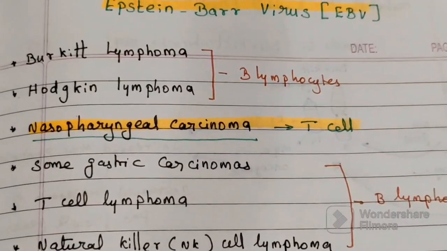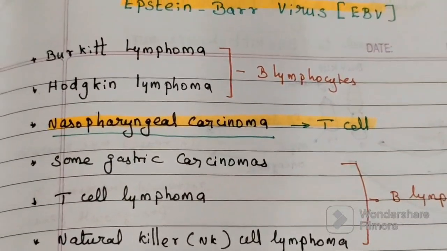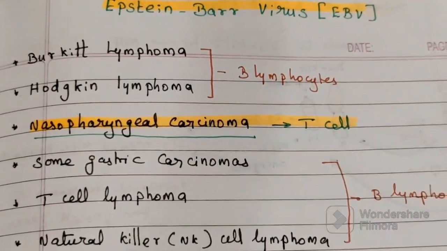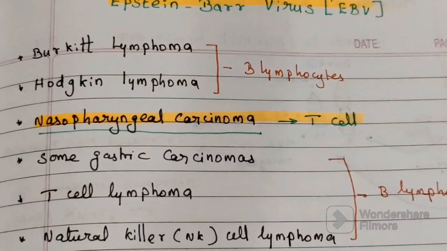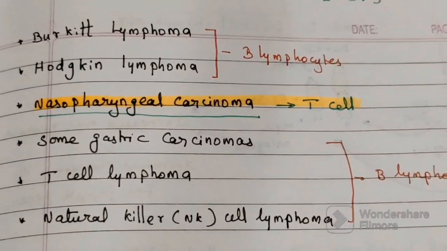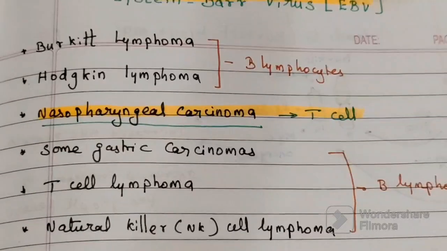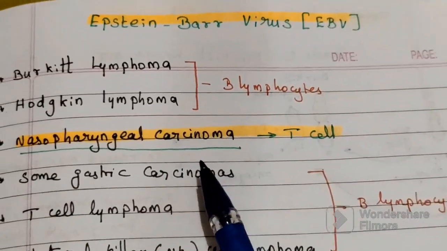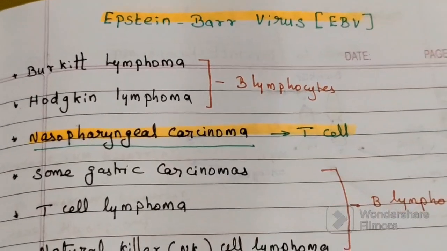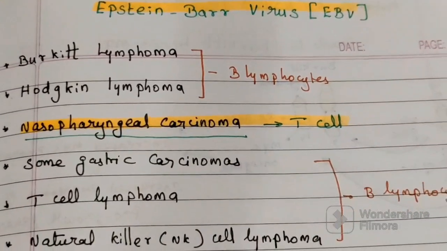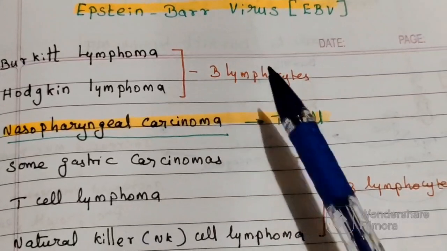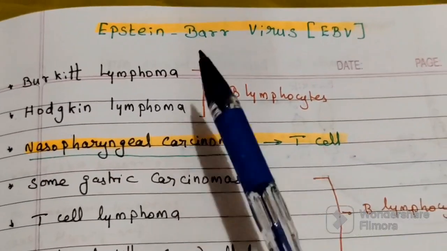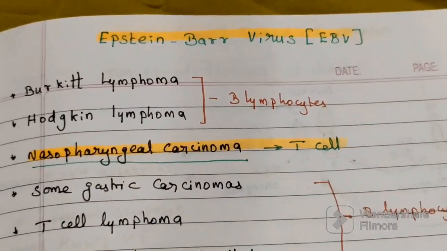Among them, only nasopharyngeal carcinoma is not derived from B cells; the remaining 5 are derived from B lymphocytes.